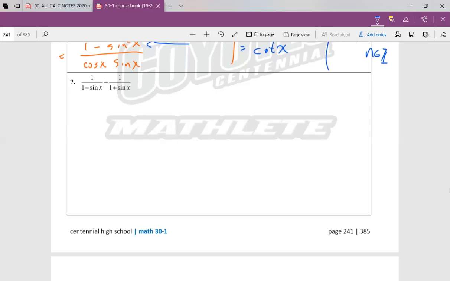And when I say conjugates, remember that when we saw this in grade 10 and grade 11, x squared minus y squared is equal to x plus y times x minus y. And these are called conjugates.